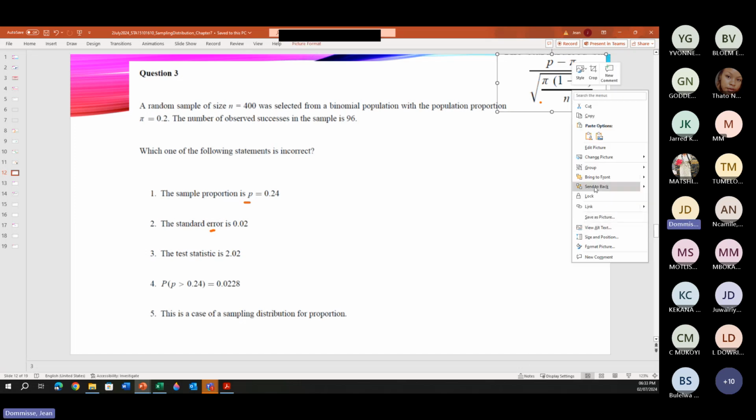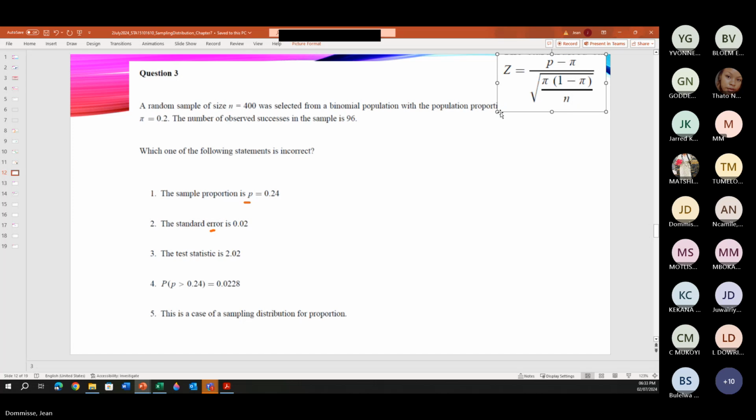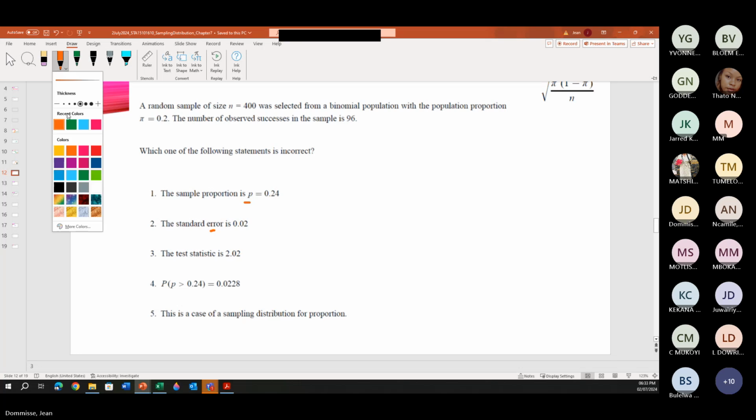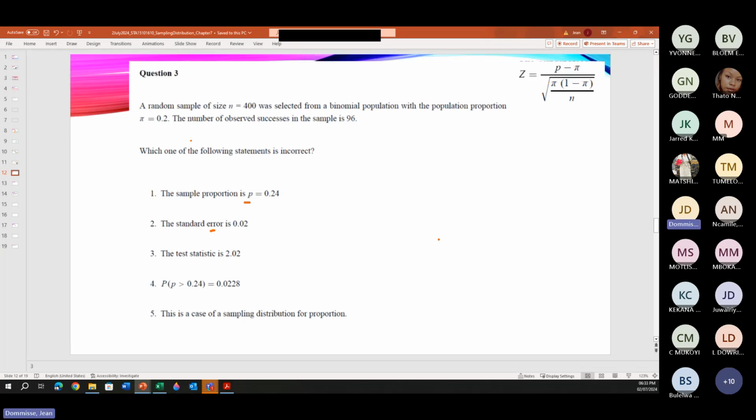Then they talk about the probability. So if we get the Z, we need to go to the Z table and see if we have a probability. And then they also talk about some bit of a definition. So let's first look at sample proportion.